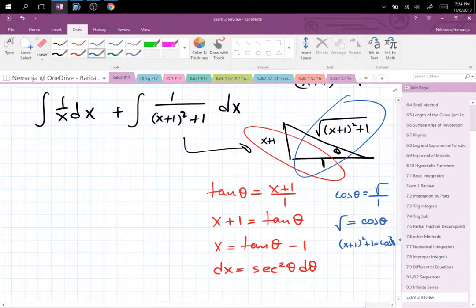Over there, in the triangle, it's the square root of x plus 1 squared plus 1. Why the square root? Because of the Pythagorean theorem. You square this one plus the square of 1 under the square root. You must have the square root there. That's given.